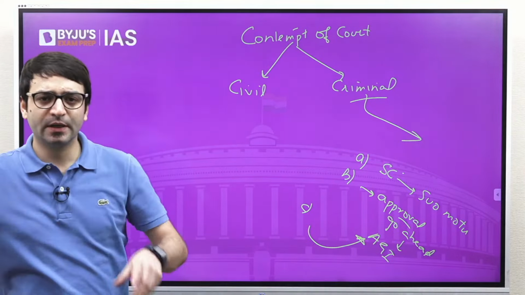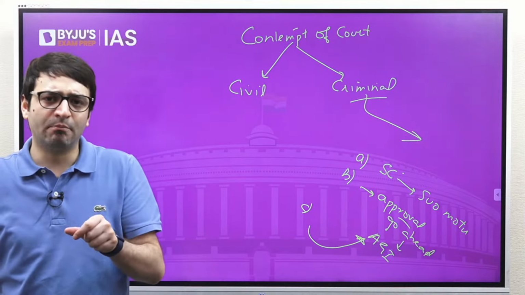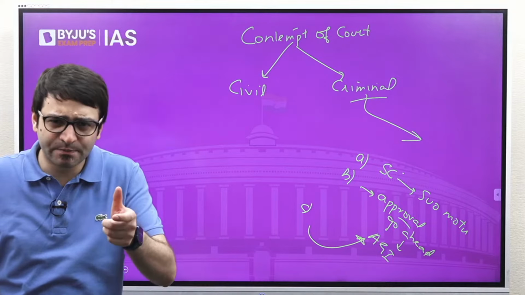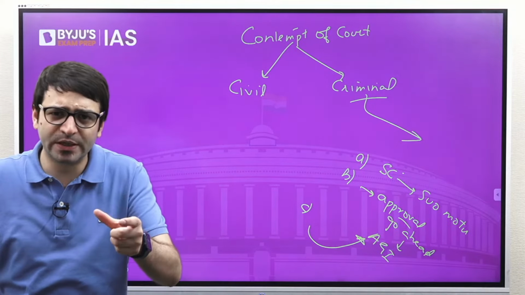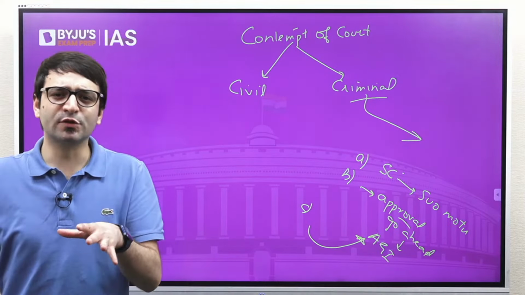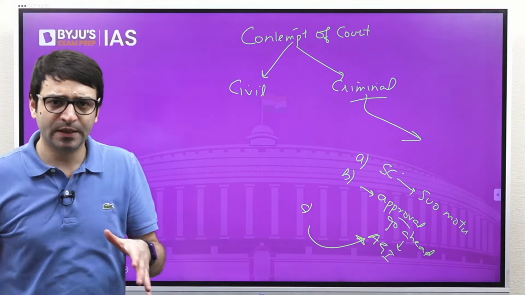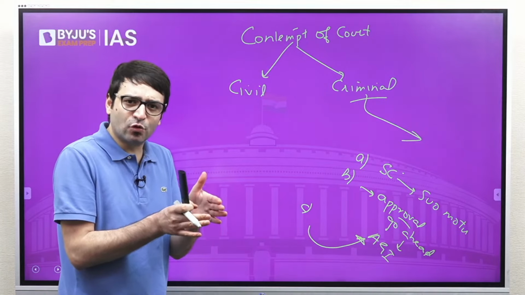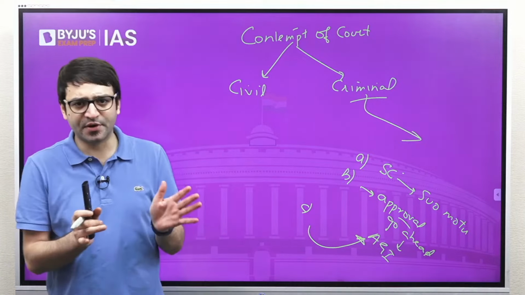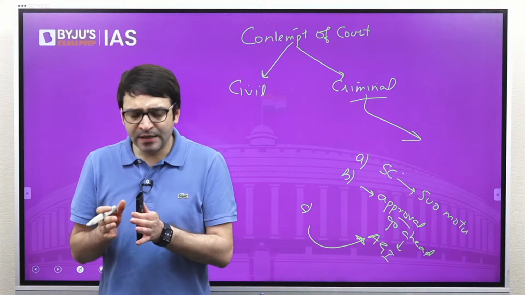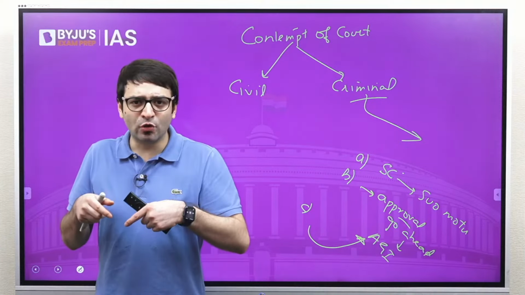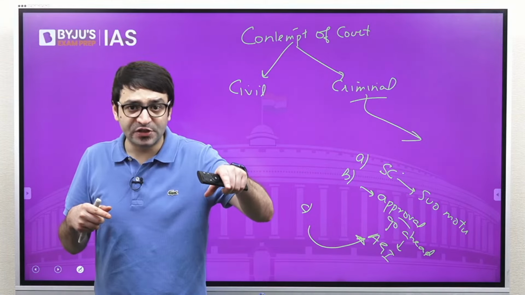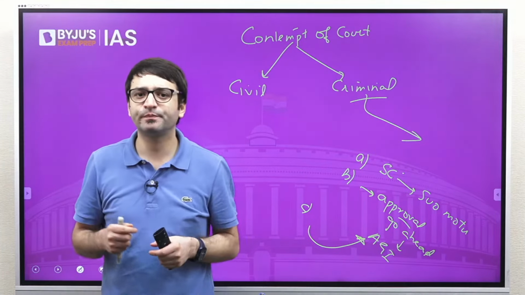What does that mean? Mr. Kunal Kamra or Mr. Prashant Bhushan, they are alleged to have made some statements or tweeted some information which was viewed as contempt of court. Now, is this statement contempt of court? Can we file a contempt of court case in the Supreme Court? There are 3 ways of doing this. Either Supreme Court on its own, suo motu, will take a look at these statements which are contemptuous and will punish you.